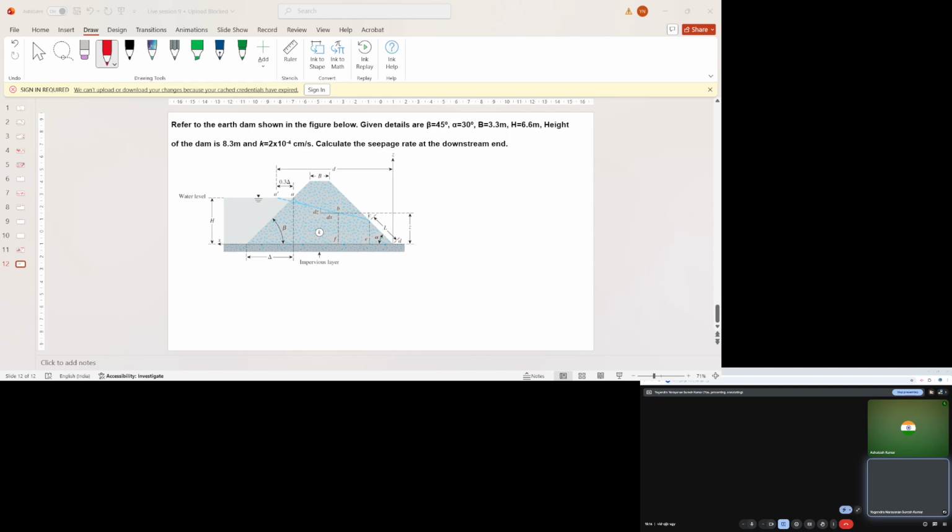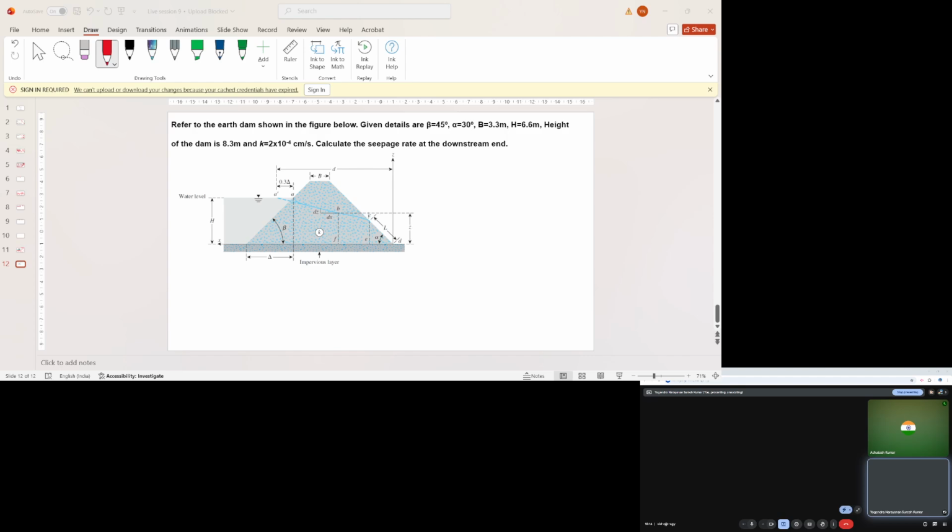How much is d now? D is equal to, all the things we know, 0.3 into 6.6 plus x is 1.7 plus b is 3.3 plus y is 14.37.